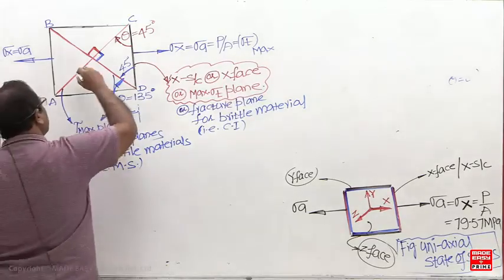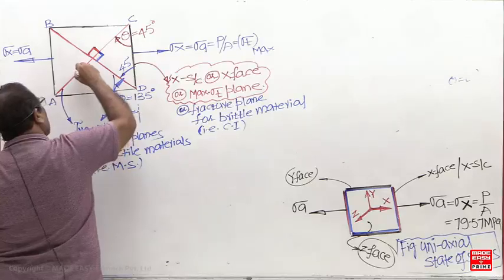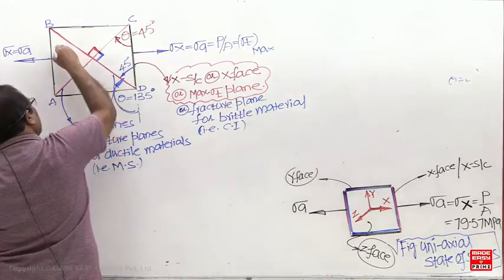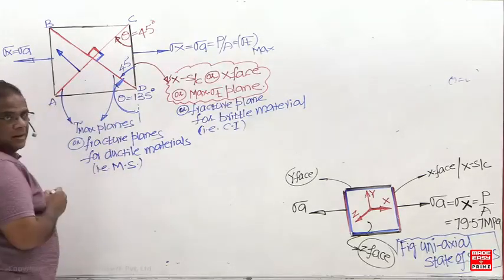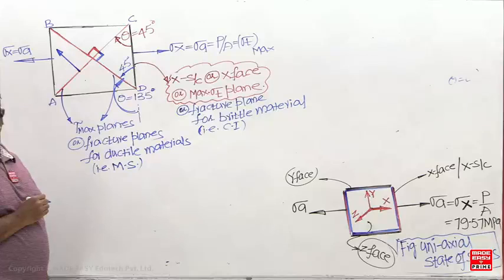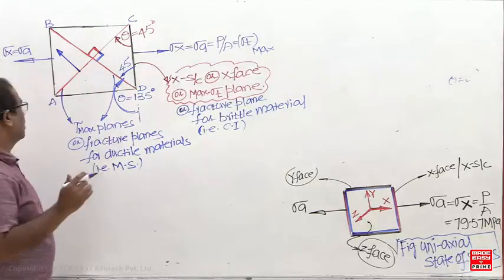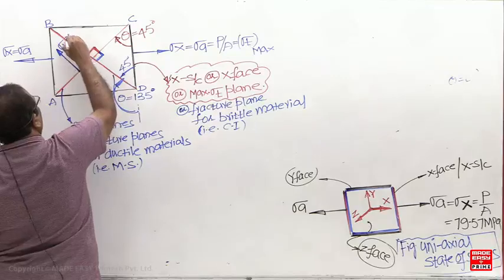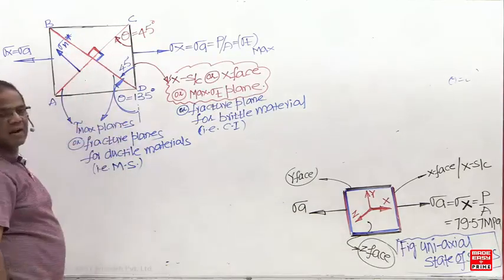On this plane, normal stress is not zero. What is the sigma n star?